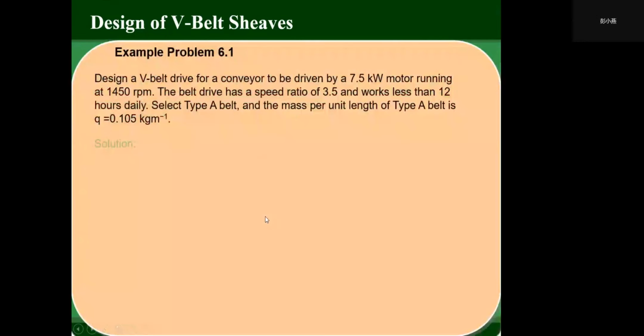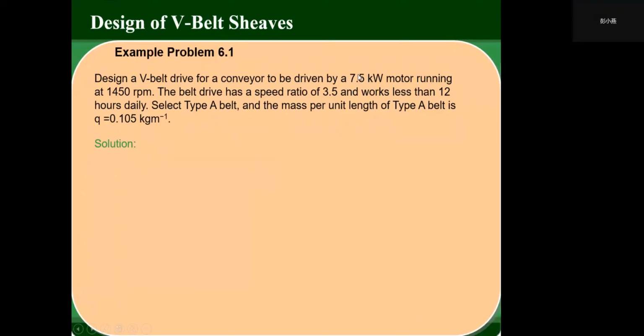So let's see the example. We need to design a V belt drive for a conveyor to be driven by a motor.